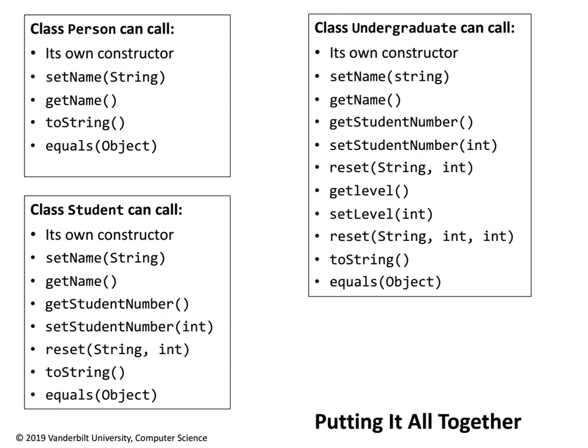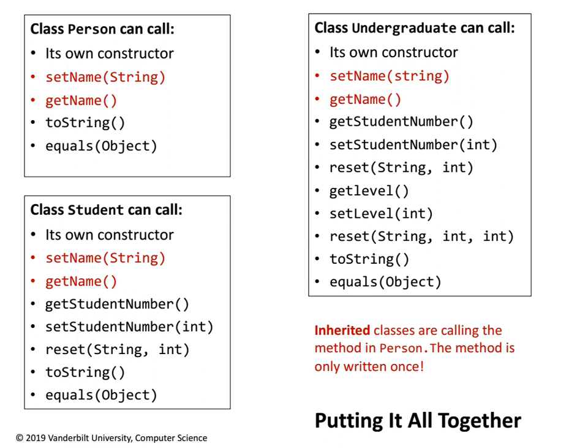We inherited setName and getName into student, and then we also inherited them from student into undergraduate. So we have setName and getName, which we inherited from our person class. And we've also inherited getStudentNumber and setStudentNumber from our student class as well.